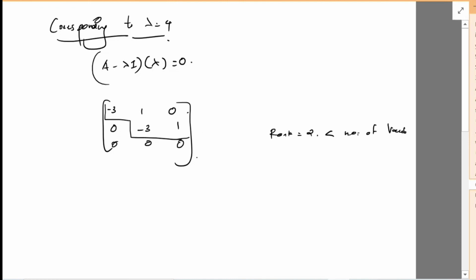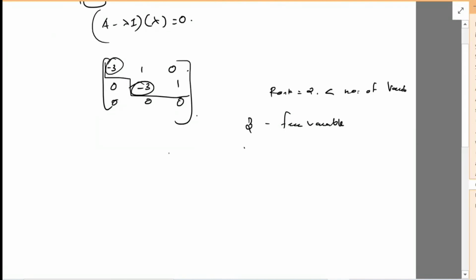Here the free variable is what? Mark the leading coefficient. Look at the column at which there is no leading coefficient. The third column doesn't have a leading coefficient, so z is the free variable. So substitute some values for z. You can give any values. I'm giving z as 3 because if we put z equal to 1, we will obtain some fractions.